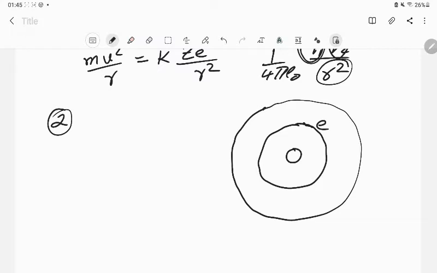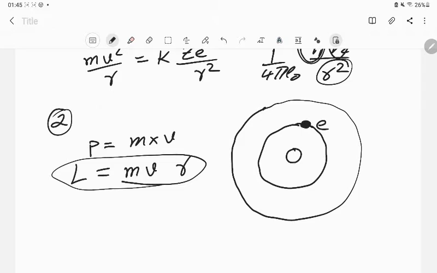So this fixed orbit is given by a condition: the angular momentum in that orbit must be equal to something. Linear momentum is mass into velocity. For angular momentum L, it will be mass into velocity into radius, mvr. mvr is the formula for angular momentum.